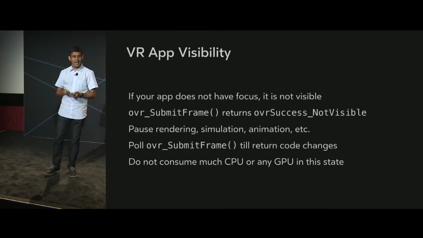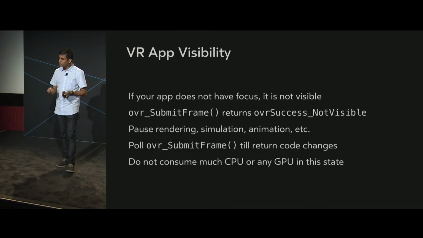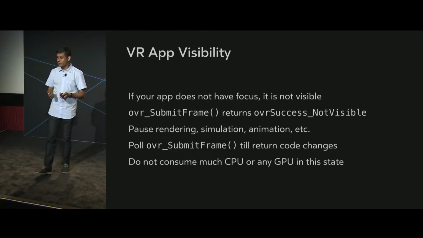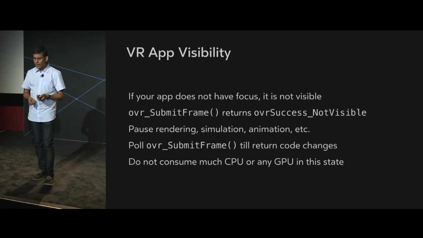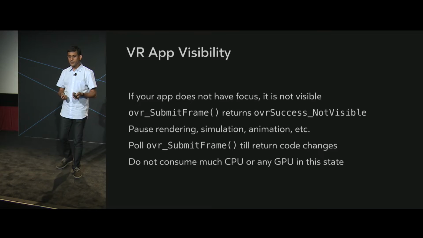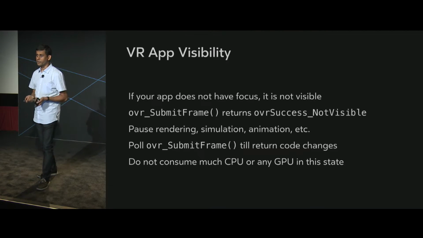At this point, the app should pause rendering and simulation and animation and anything else it's doing, and just poll OVR submit frame till the return code changes. The key point is not to consume a lot of CPU and GPU resources in this mode, so that any other app trying to do VR has all the resources available to it.